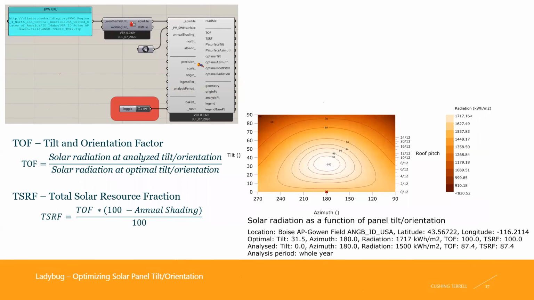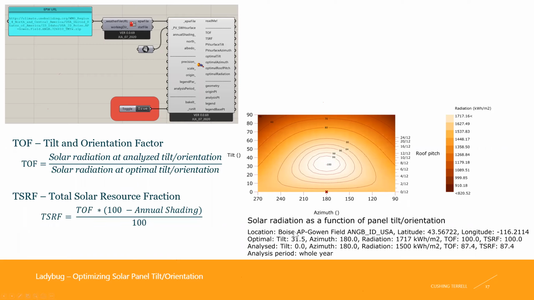And then Ladybug also lets you look at some renewable stuff. If you want to optimize solar panel tilt and orientation, there's a tilt and orientation factor component, and it produces this chart on the right. What you can see here is that it calculates the optimal tilt, which is 31.5 degrees facing south.